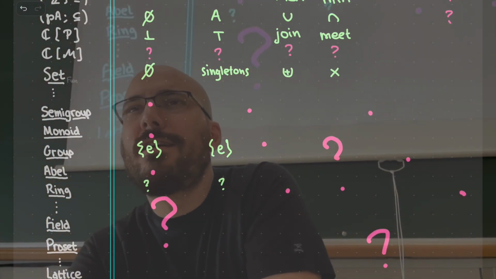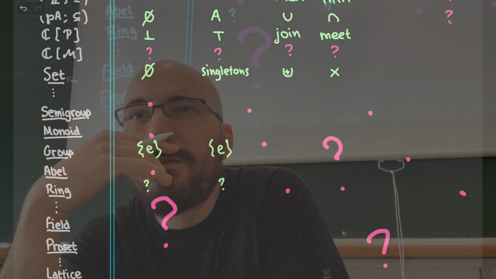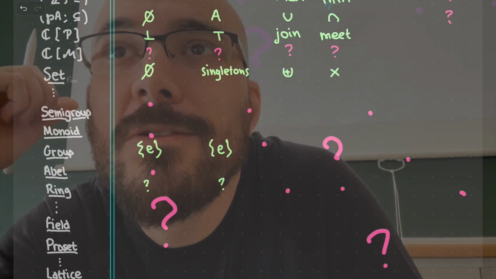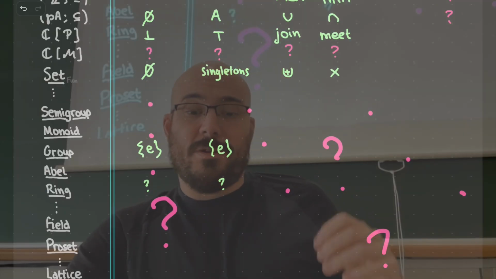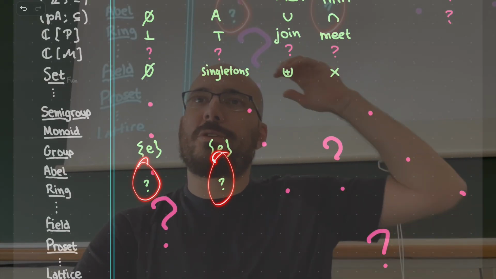I just wanted to say that if 0 equals 1, we just have the trivial ring. Is this an answer to one of these questions, or a random comment?